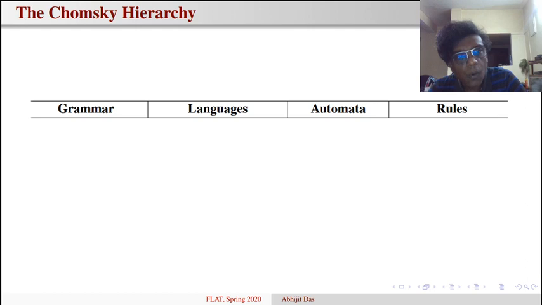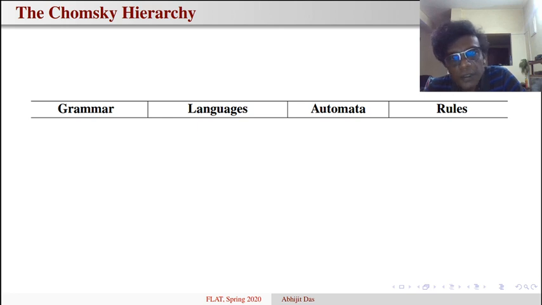So we know that grammars have some correspondence with types of languages and types of languages with types of automata, and these rules pertain to this kind of grammar. So let us see what Chomsky mentioned.